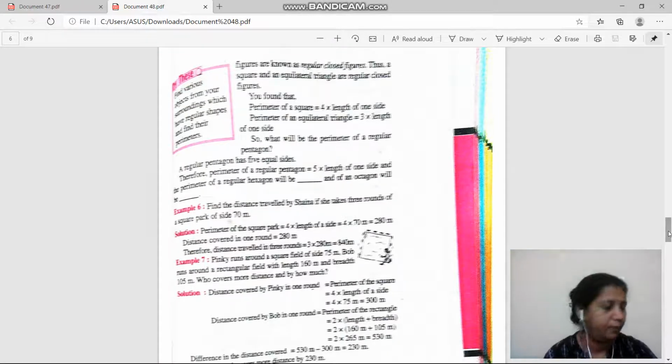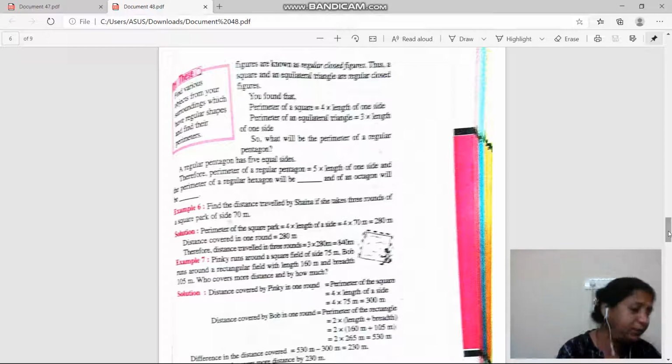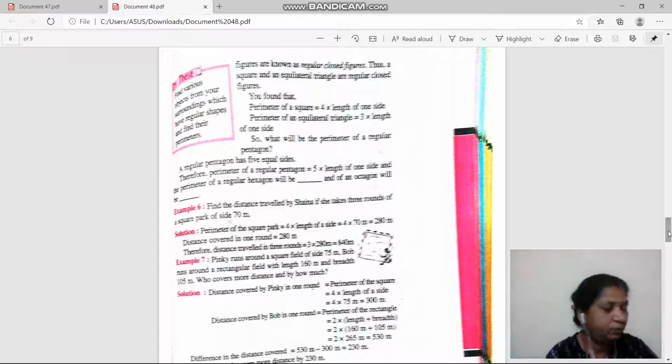Get it? So let's start to study the example 6. Please see in the book. Find the distance traveled by Shaina if she takes 3 rounds of a square park of side 70. The picture itself is given here. So the perimeter of the square park is equal to 4 into the length of a side.